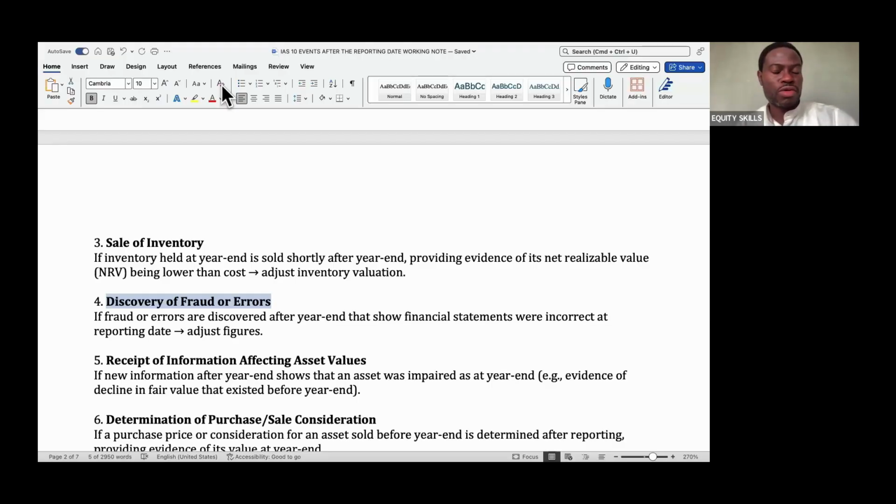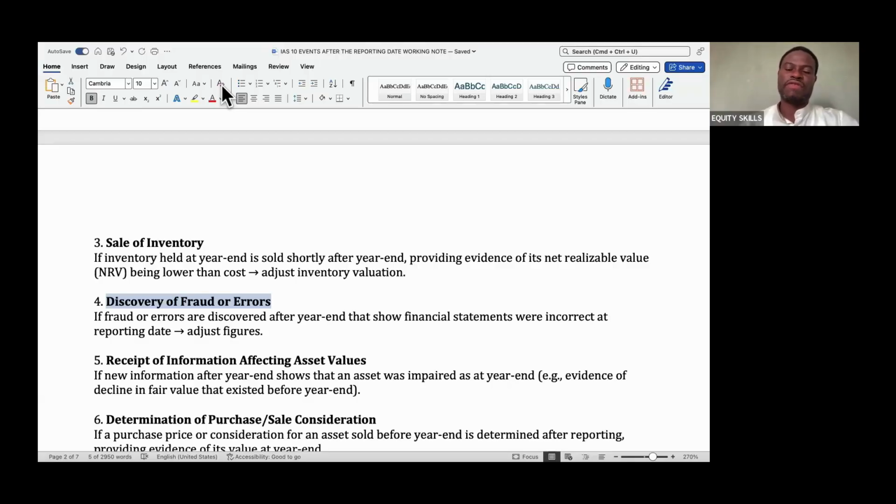So, good question. First, based on what IAS 10 is saying, if an error is discovered after the date the financial statements are authorized for issue, that is now outside the scope of IAS 10, because ordinarily errors are an adjusting event.